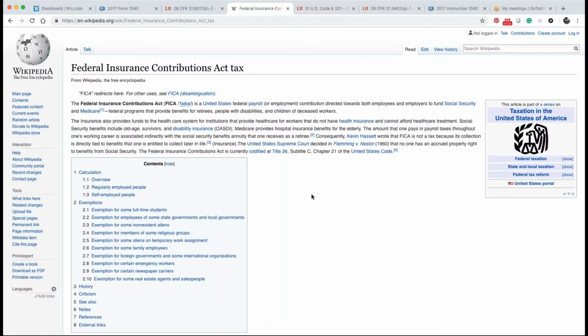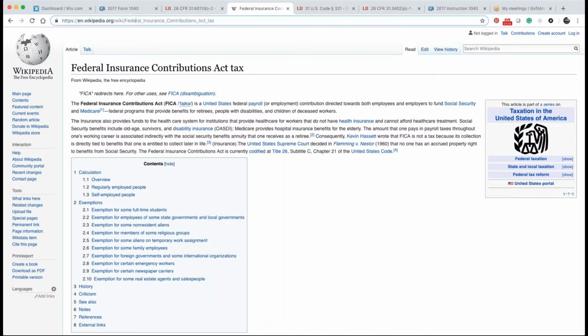So FICA is for retirement, people with disabilities, and children of deceased workers. Okay, so it's not just for retirement. You might know someone in your home that is disabled, and that's what that money is funding, right? And they said it's a contribution.